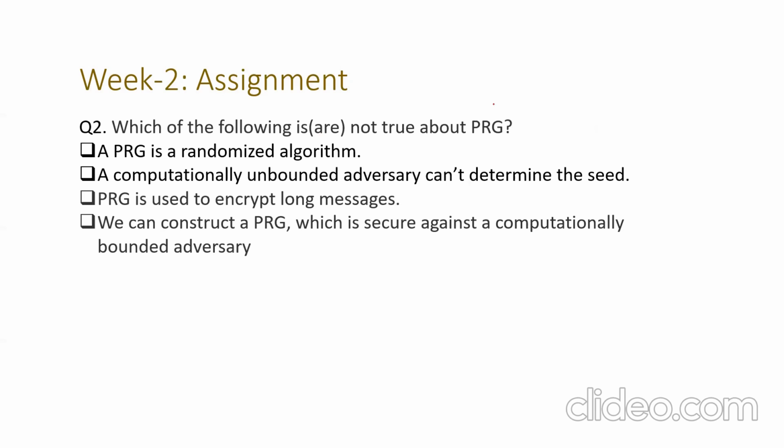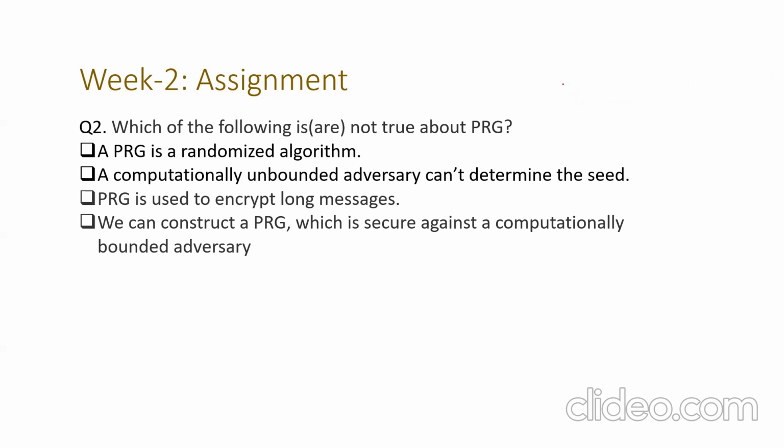So, yes, PRG is a deterministic algorithm. We say repeatedly that a pseudo-random generator is a deterministic algorithm which takes a uniformly random seed as its input, which remains secret to the adversary, and then it generates a pseudo-random string. Why is it not randomized?